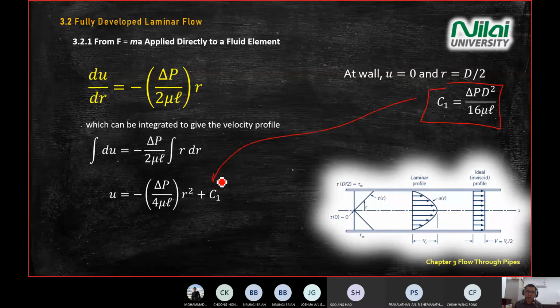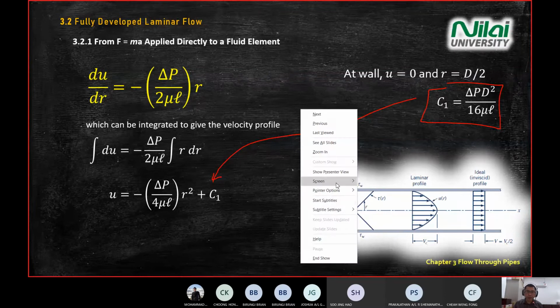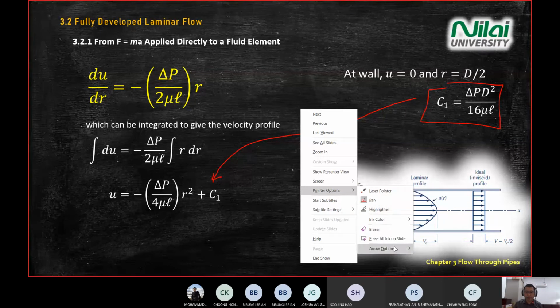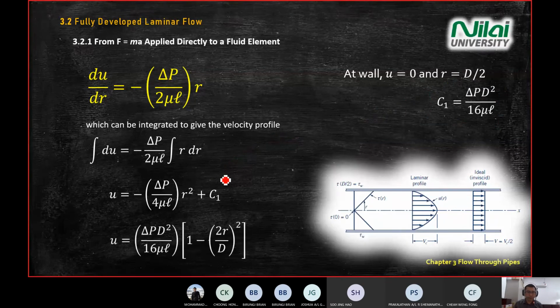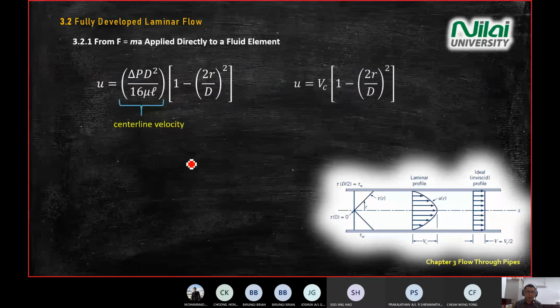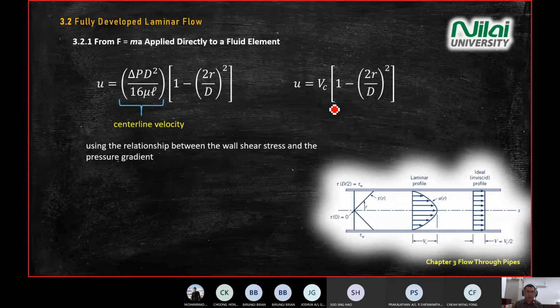You substitute back, you get the equation of u, and then you rearrange to get the equation in your tutorial question 12. So you further reduce this one. This one is in terms of pressure, mu and L. And then what else?